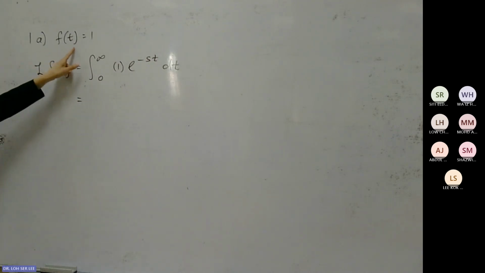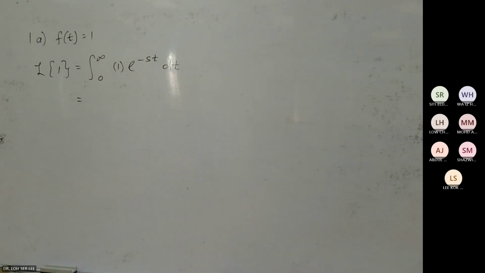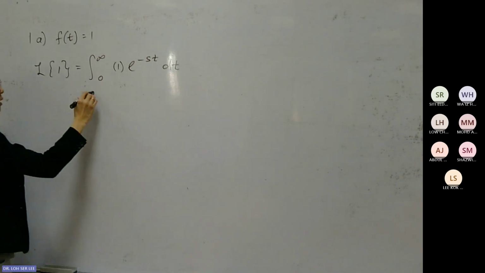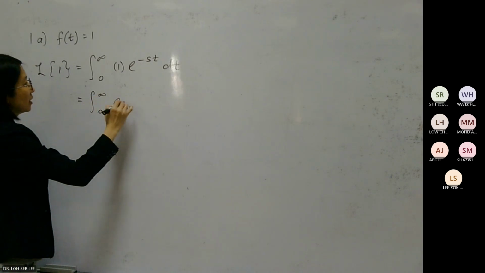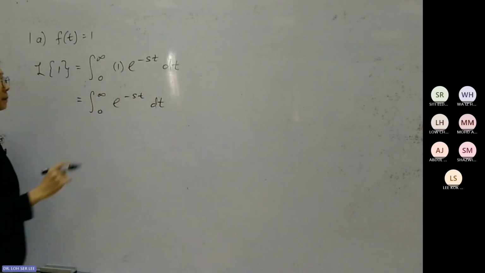Your f(t) is multiplied by the exponential function. So we are integrating this, e to the negative st dt.